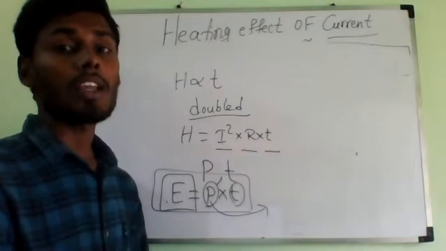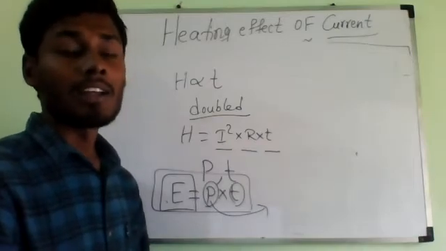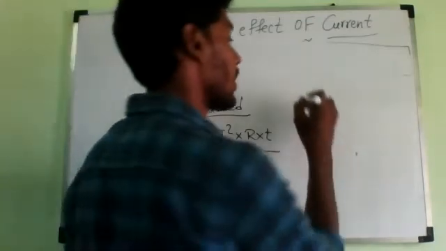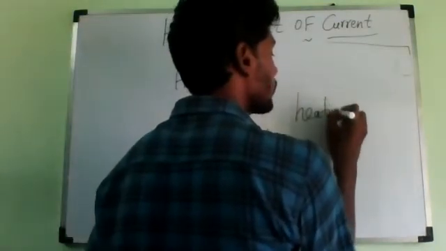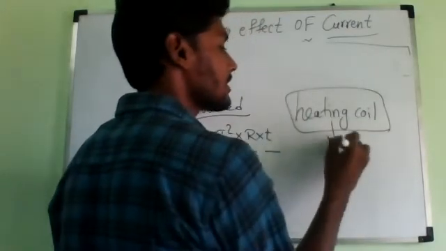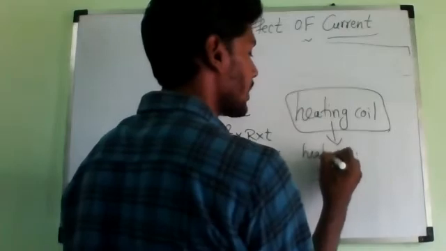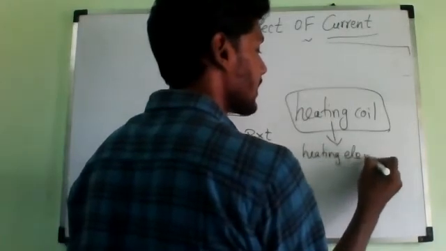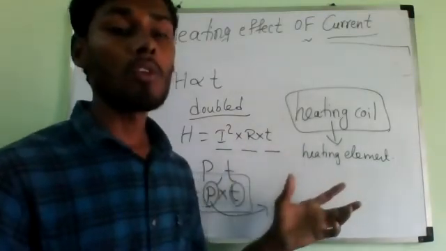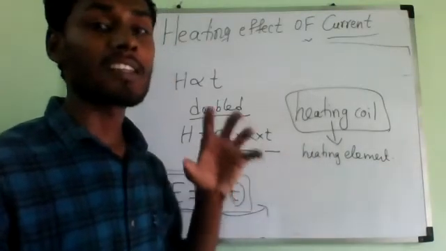Understand? So all the electrical heating appliances have inside them some heating element called a heating coil. So what is their duty? They will convert most of the electrical energy into heat energy. So this is the heating coil, or else we used to call it a heating element. Understand? Which is made up of what? Which is made up of high resistance wire.